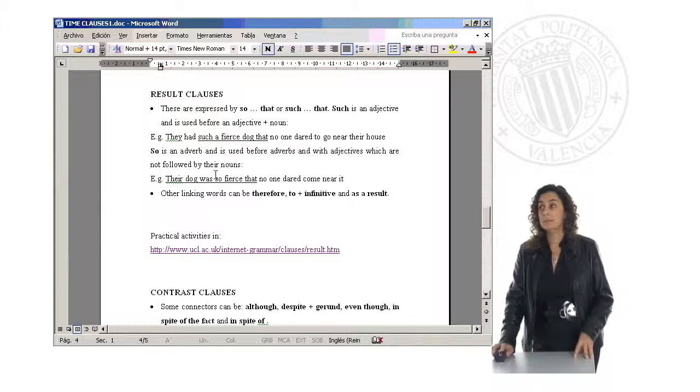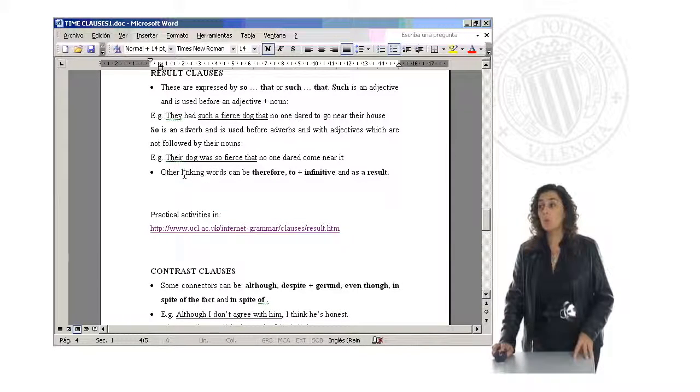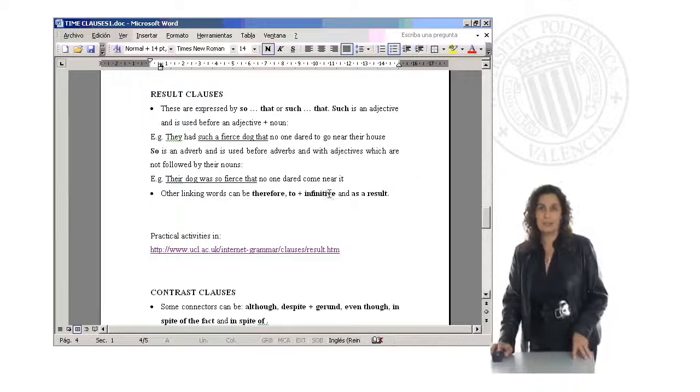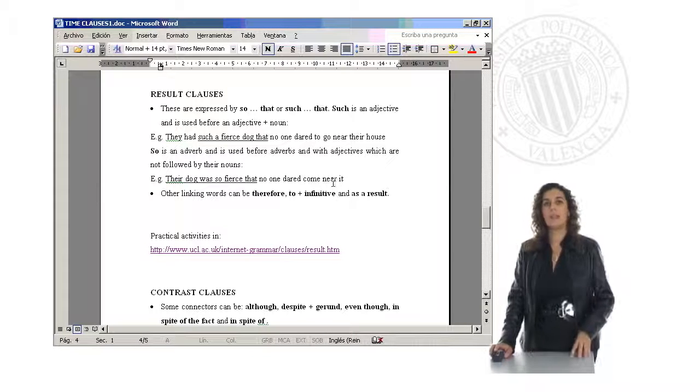Other linking words that you can use are therefore, to plus infinitive again, and as a result, of course. As a result of listening to me, you can learn more English or more about subordinated clauses. As before, you have more practice here on this website.